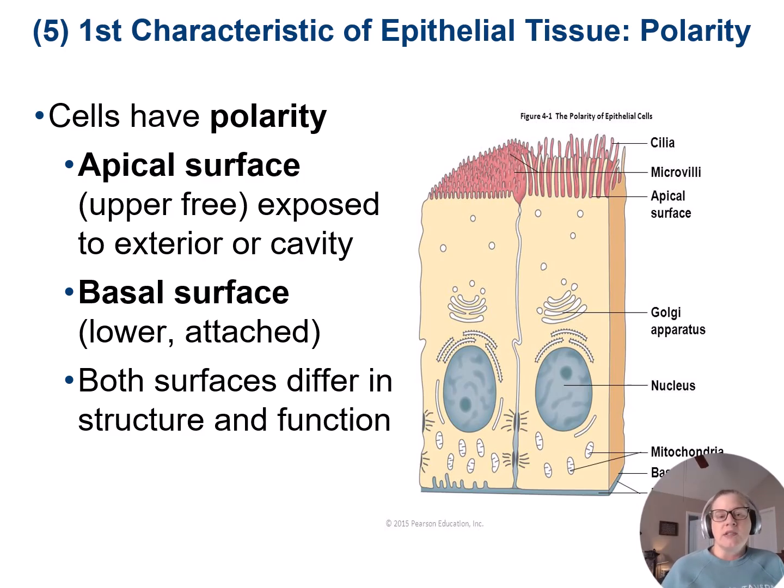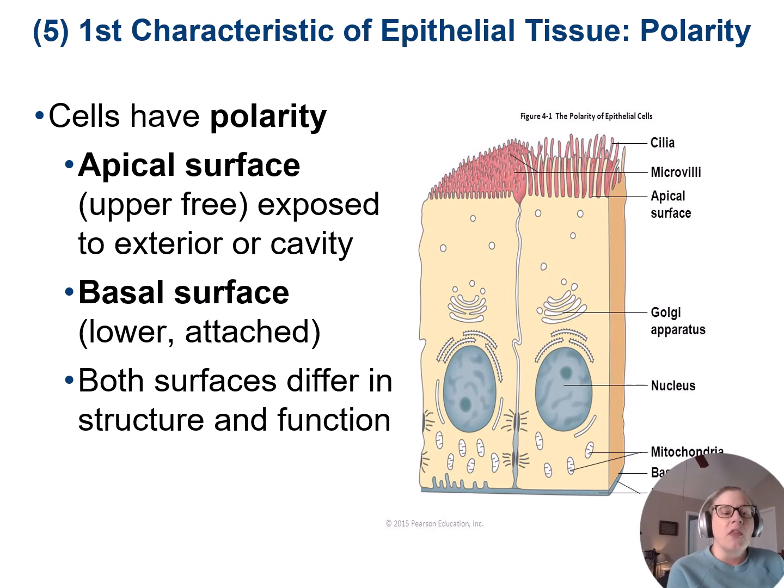The first characteristic is that epithelial tissues have polarity. This means that the top of the tissue, or the more superficial part, has a different structure and a different function than the bottom part of the tissue.